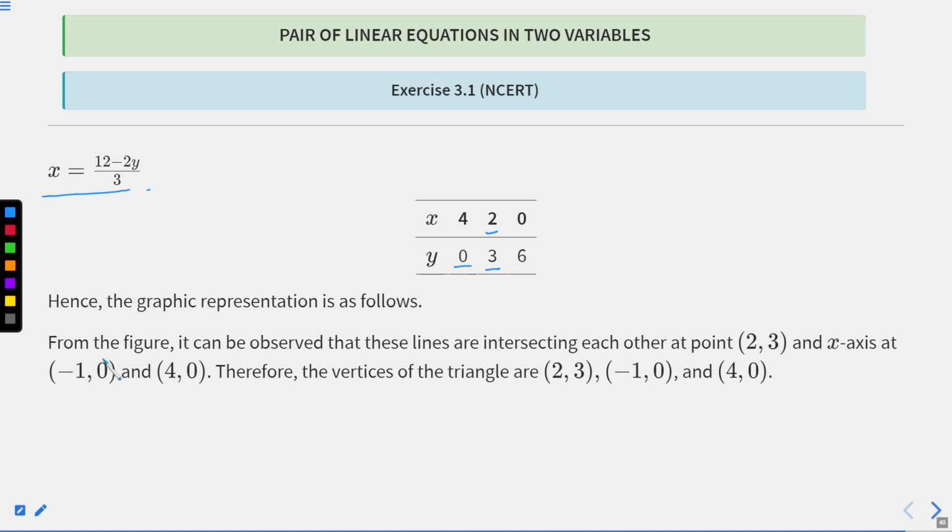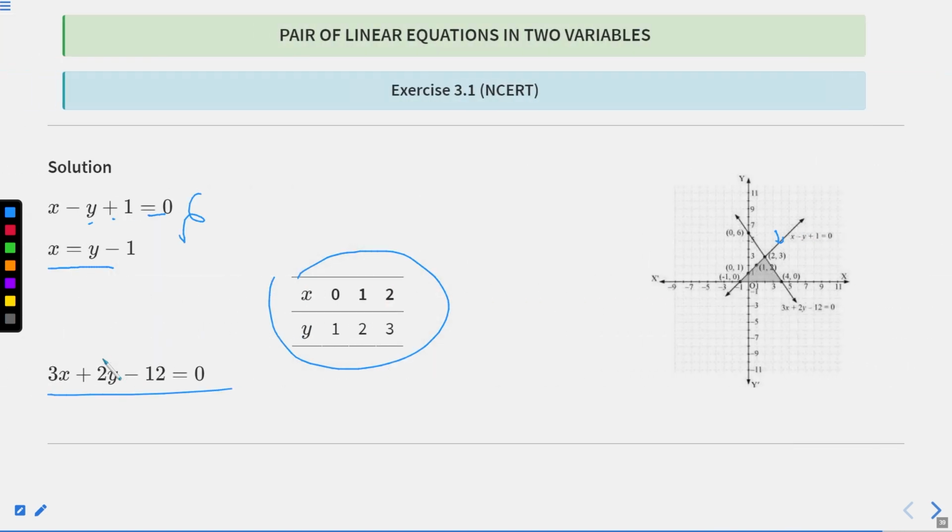Okay, and now if we plot these points, then you will get the graphical representation of this equation, which is this. Okay, so this is the graphical representation of 3x plus 2y minus 12 is equal to 0. And here clearly you can see at the point 2, 3, these two lines are intersecting each other.